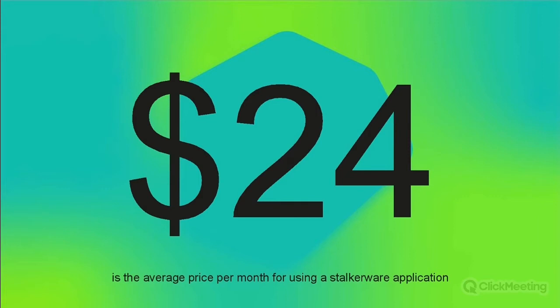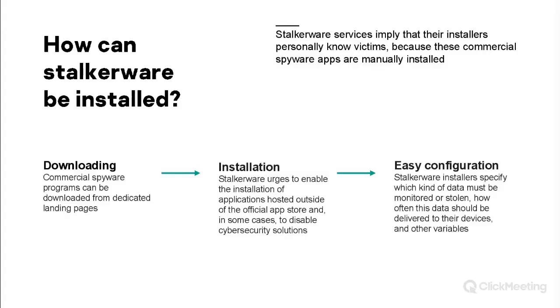This was the very first rough introduction to have a general understanding of what is meant by stalkerware. And now I want to have a closer look with you at how it is technically done, how stalkerware can be installed. There is much more detail behind it, but as you can see on the slide, there are three basic steps.